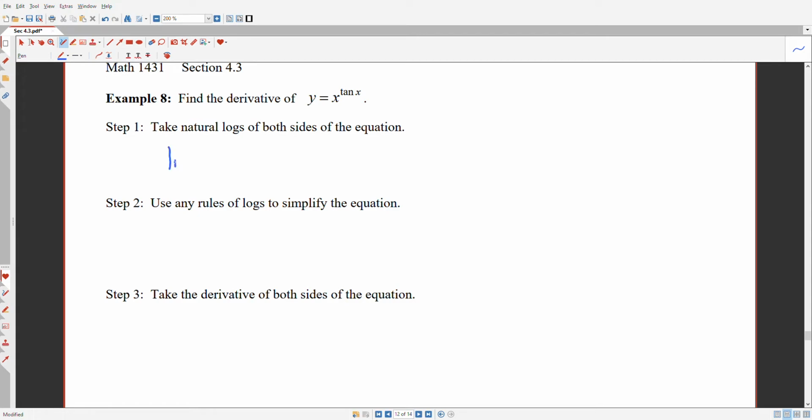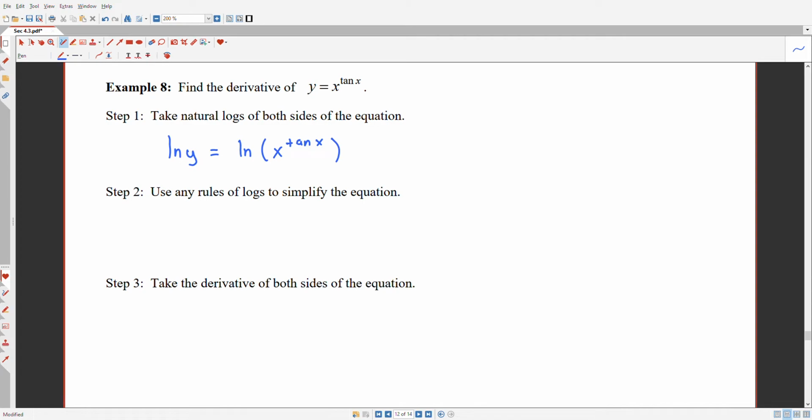It's going to be the natural log of y equals the natural log of x to the tangent x. And they have in step 2, hey, use your logarithm rules to simplify that stuff. So the logarithm rule I'm using is I can bring powers down out front.